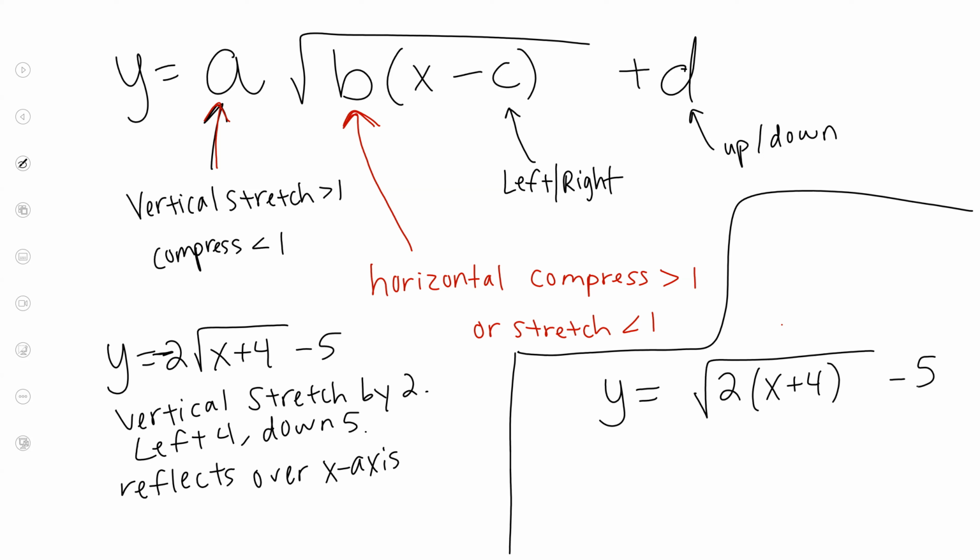Now it's inside. It still goes to the left 4. It still goes down 5. That part is still the same. The difference, now that the number is inside, it's now a horizontal, and the rules are different. You're going to say it's a horizontal compress.